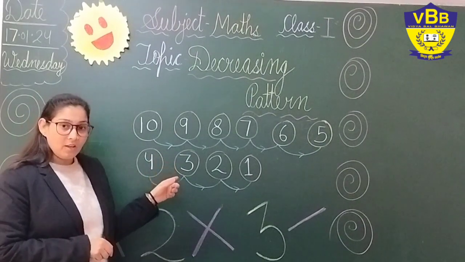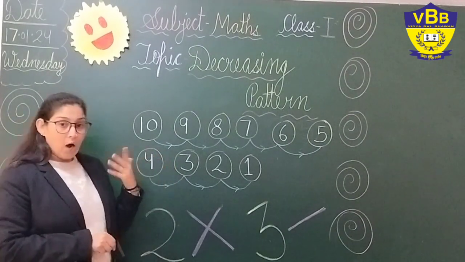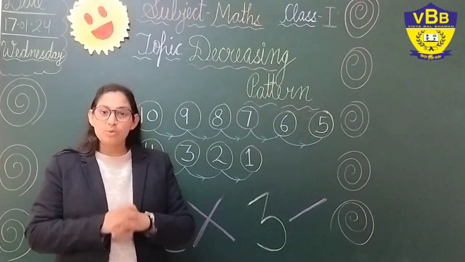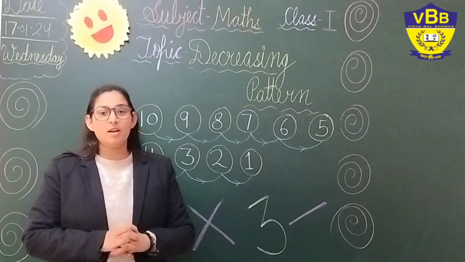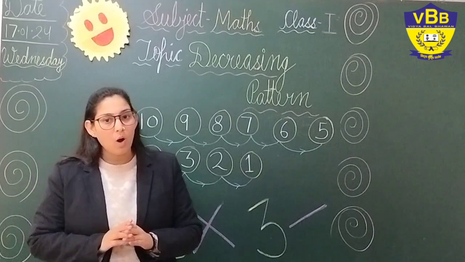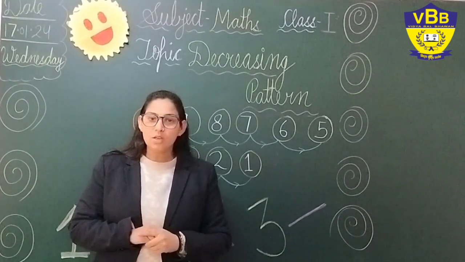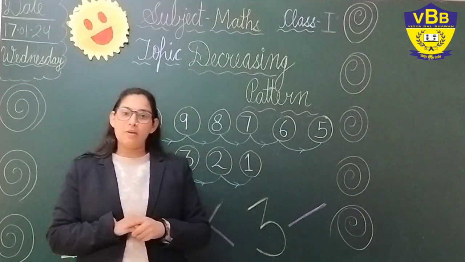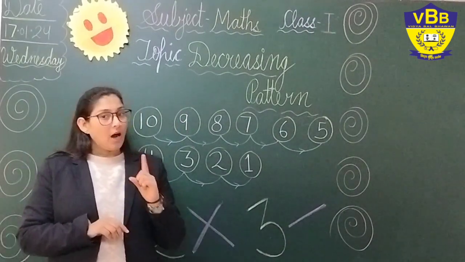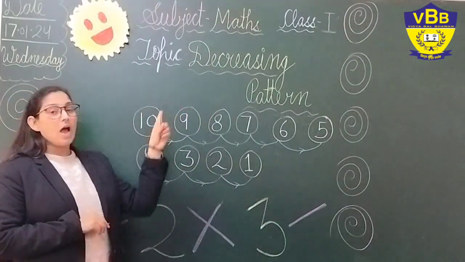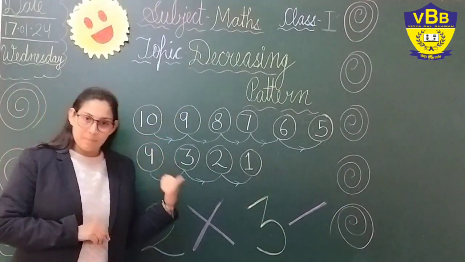Whenever we do the decreasing pattern, we have to follow backward counting and do subtraction. As we did addition in our increasing pattern, in decreasing pattern we have to do subtraction.